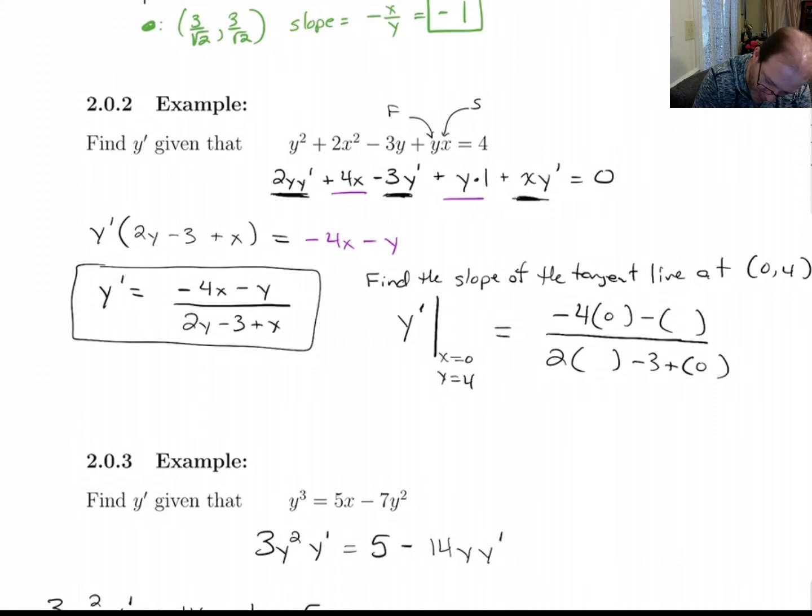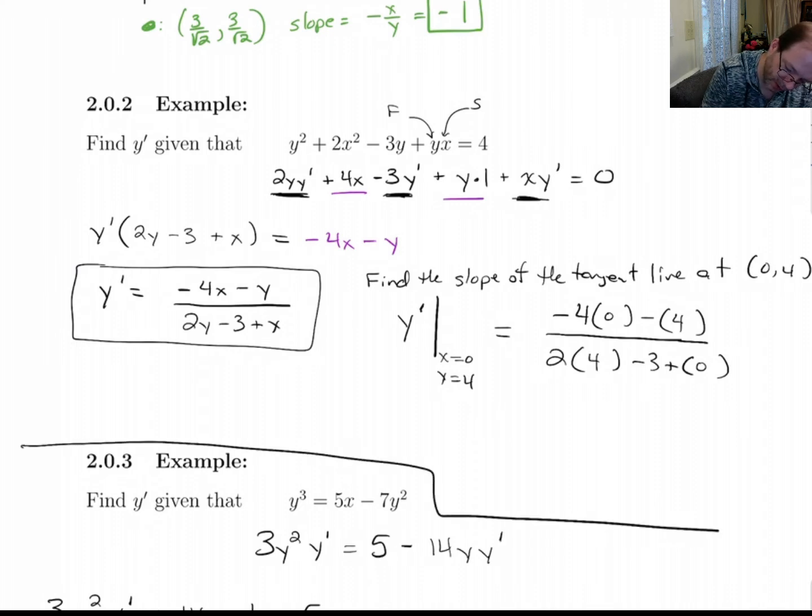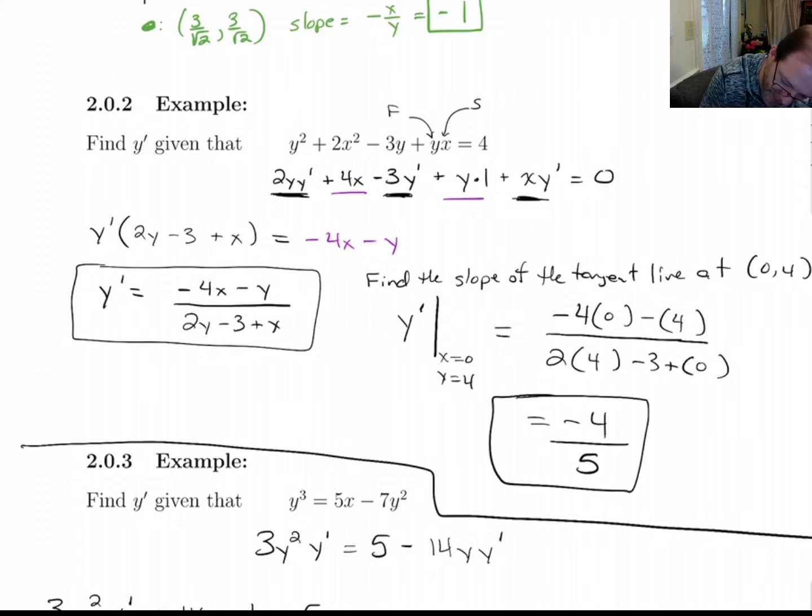I'm going to put 4 in for y, so here and here. So that's going to give me, on top, I've got -4. And on the bottom, I've got 8 minus 3 is 5. So -4/5. This is just a bit of an add-on to the problem.